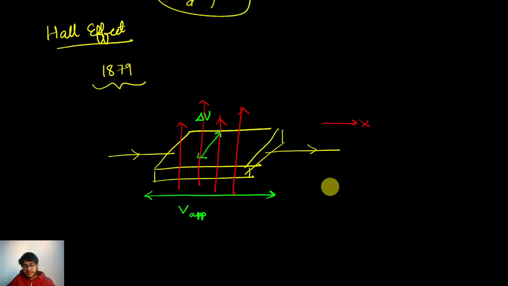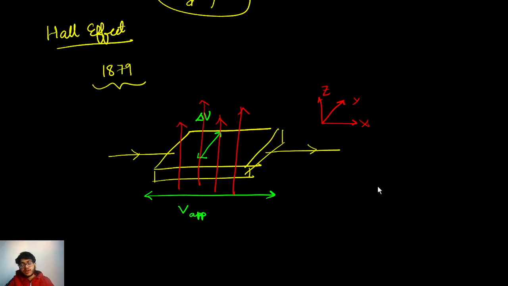So this is x, this is y, and this is z. The current is flowing in the x direction, the applied potential is towards x, the magnetic field is towards z, but towards y there will also be a certain potential difference that will be measured. That is called the Hall effect.